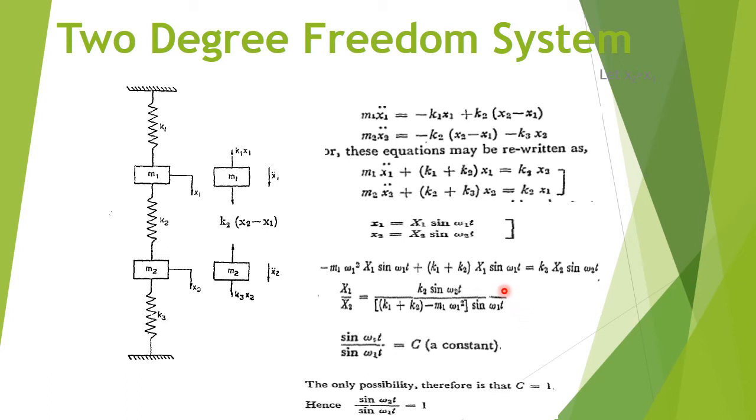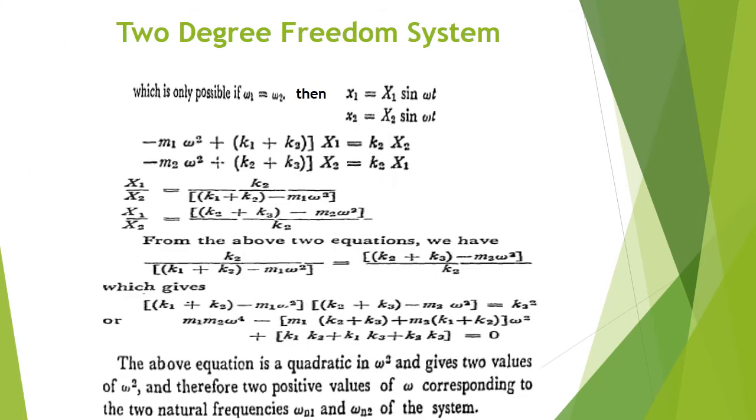Let this ratio sin omega 2t to sin omega 1t be a constant. This value will come as 1. It cannot be more than 1 or less than 1. So the ratio of sin omega 2t and sin omega 1t will be equal to 1, which will give us omega 1 and omega 2 as equal.